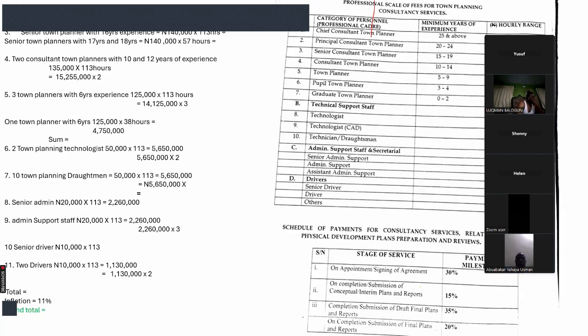So for consultant and planner, he will participate for 113 hours. So each hour will cost 170,000. So how much do you think he is supposed to be paid? Please paste it in the group.